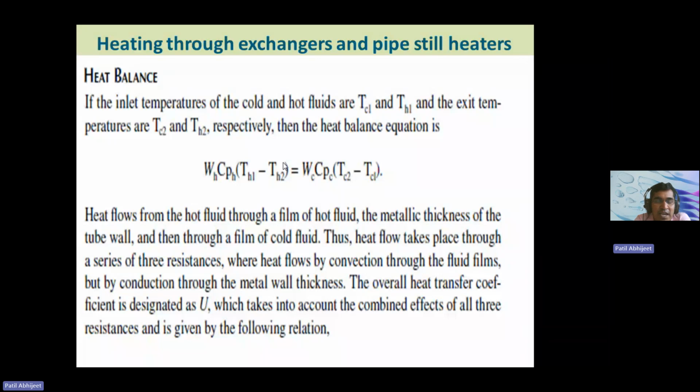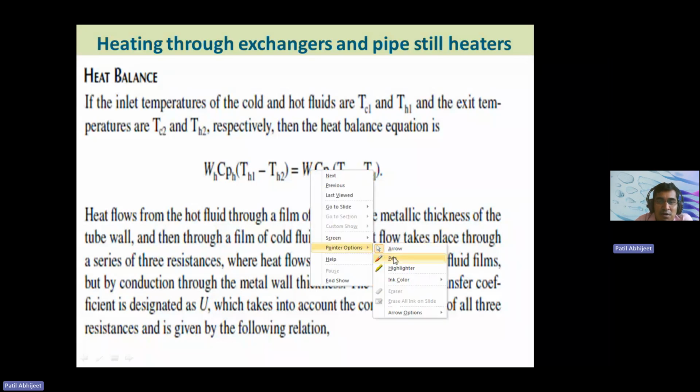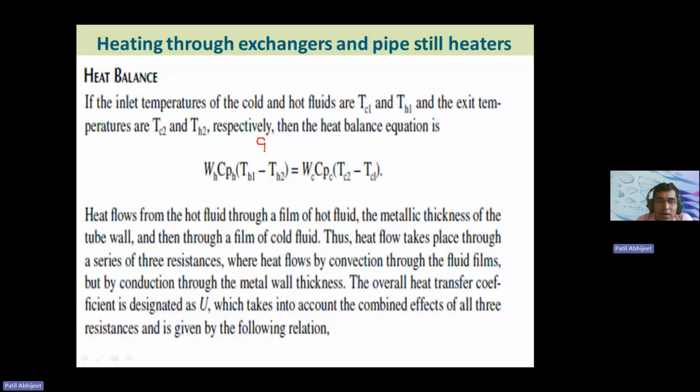Likewise, I can write heat lost by the hot fluid is equal to heat gained by the cold fluid. So Wh Cph (Th1 minus Th2) is equal to Wc Cpc (Tc2 minus Tc1).